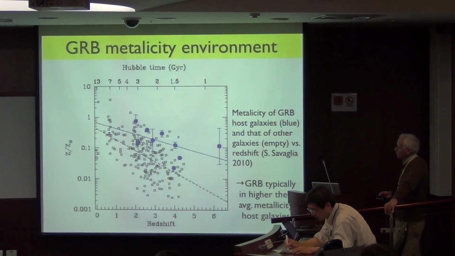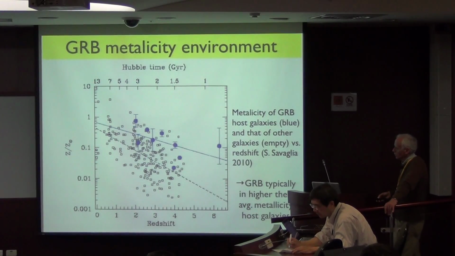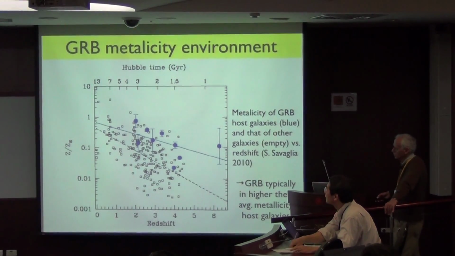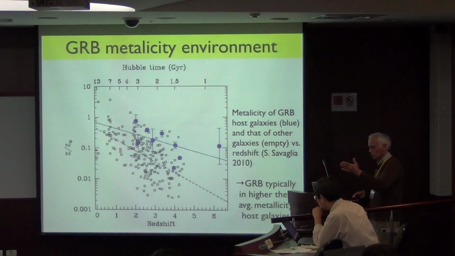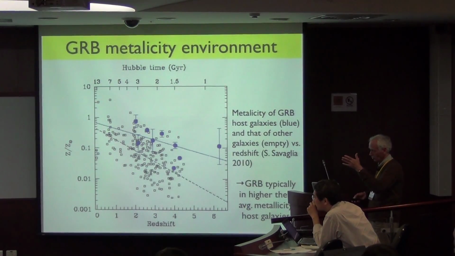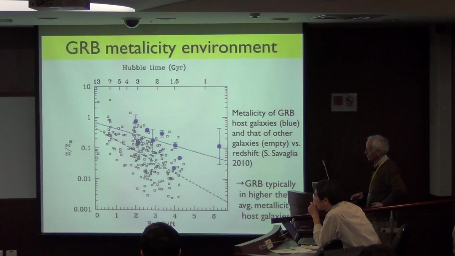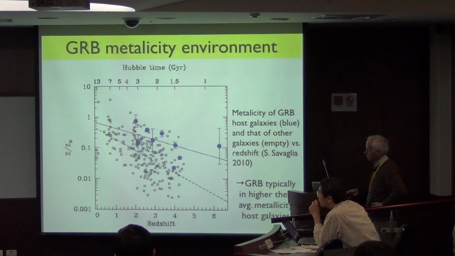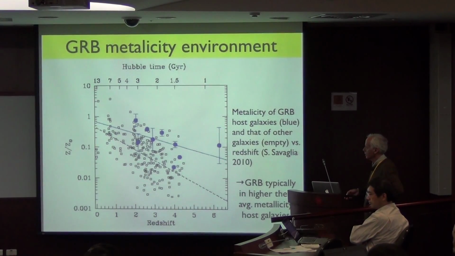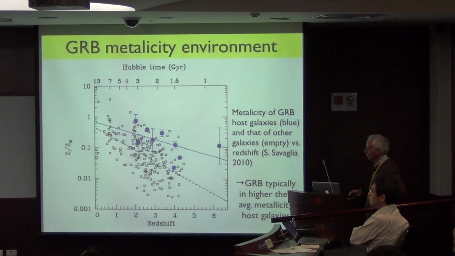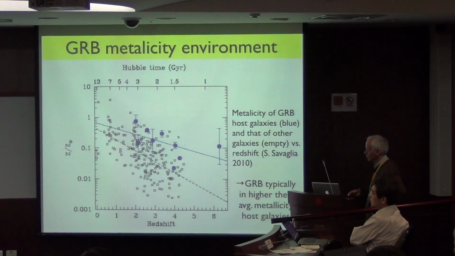If you plot the metallicity of the host, the quantity of metals of higher Z elements than hydrogen, compared to the solar metallicity as a function of redshift, you find that the GRBs tend to appear in higher average metallicity host galaxies than the average galaxies.